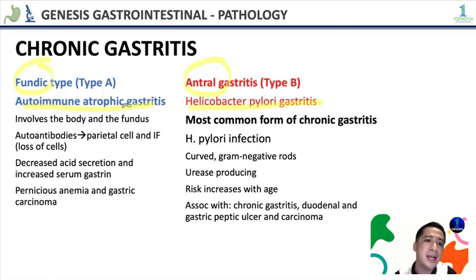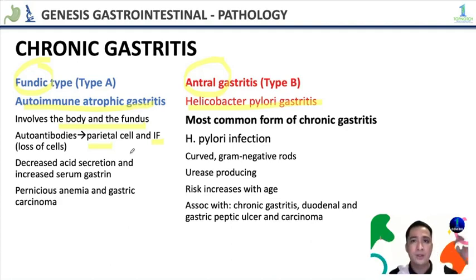In autoimmune gastritis, it also involves the fundus and the body, and there is presence, take a look, of autoantibodies directed to parietal cell and intrinsic factor. Can you tell me, correlating to physiology, what will happen if there is no parietal cell and intrinsic factor?